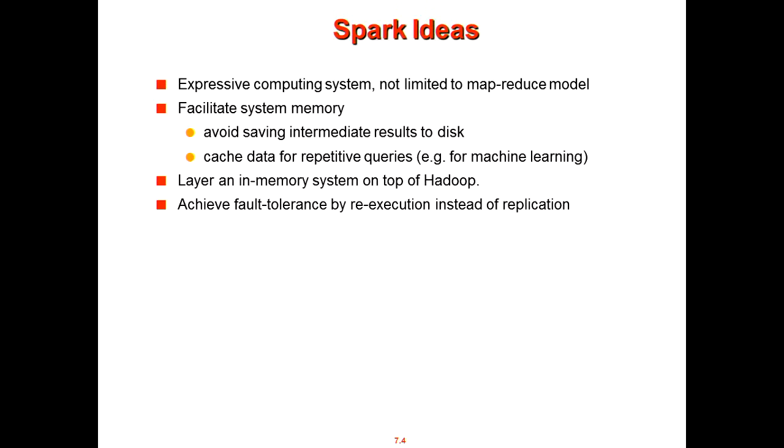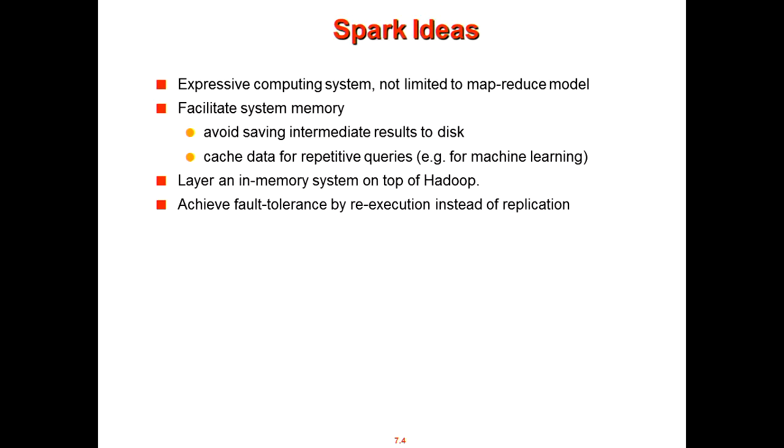MapReduce is mainly suitable for batch jobs. For interactive use, such as ad hoc queries, for each query you need to read the data from HDFS to memory for processing, so it is not very efficient.